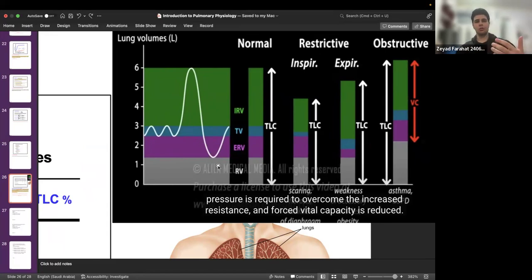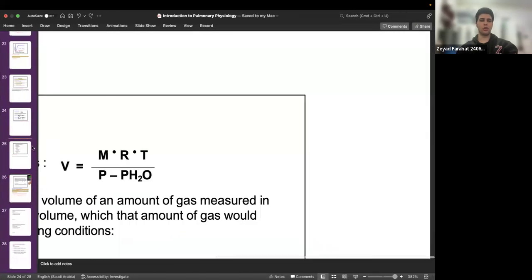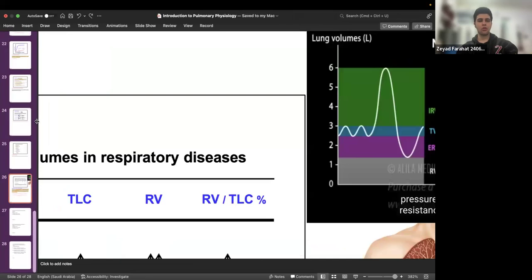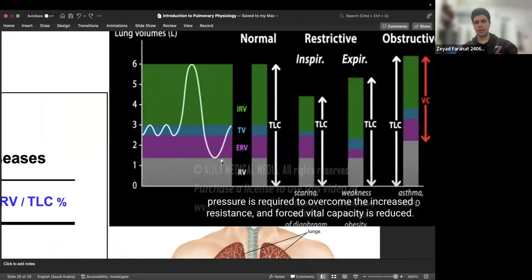If it's the expiratory flow chart, it's also down or negative. So maximal expiration is going down to what? To the least physiological space of the lungs that's left, which is the RV.